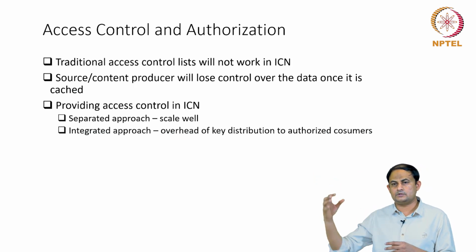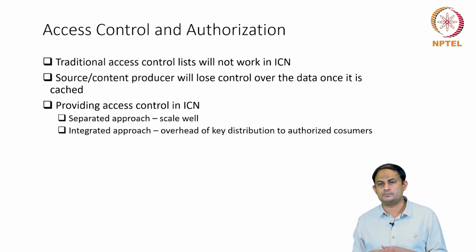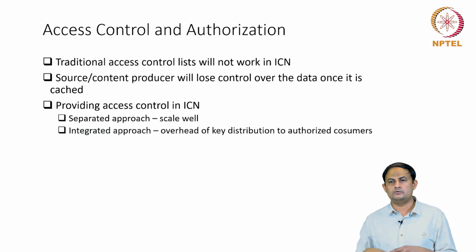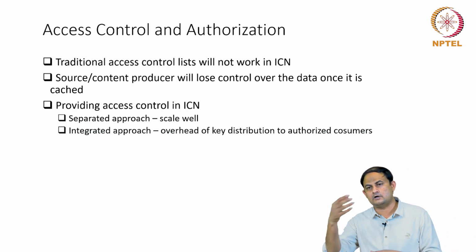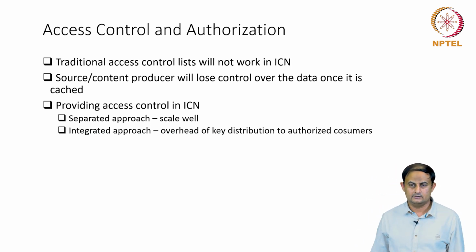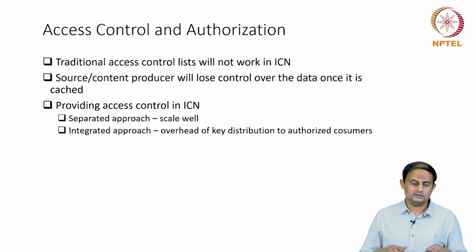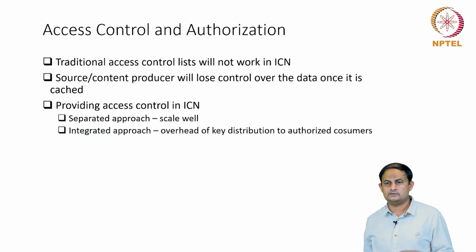Since the server has the details of who is making the request, the server can verify and then authorize a particular user, whether he is allowed to access the content or not.